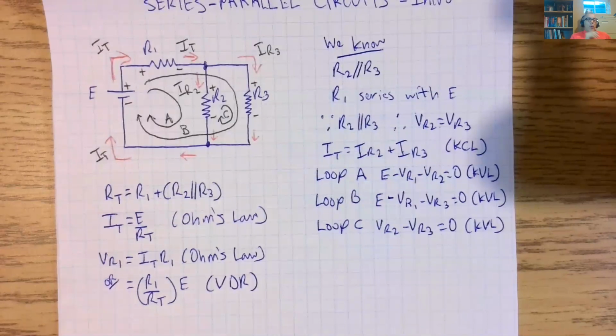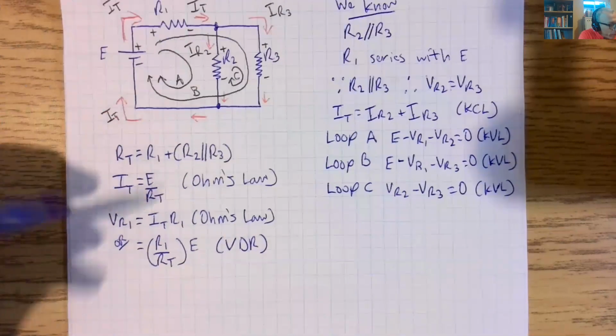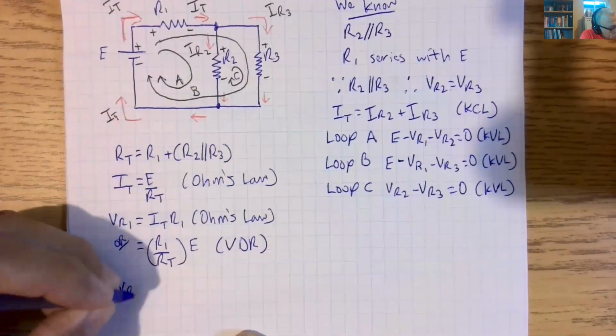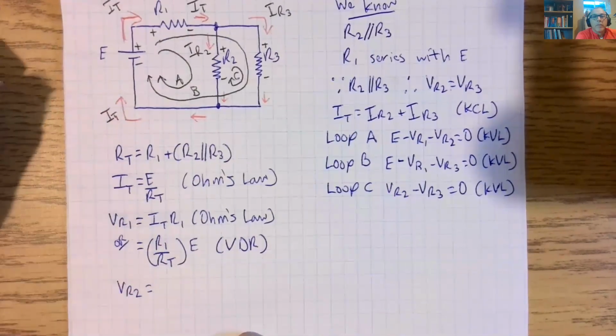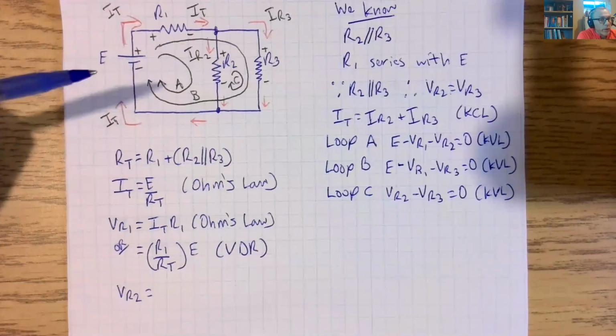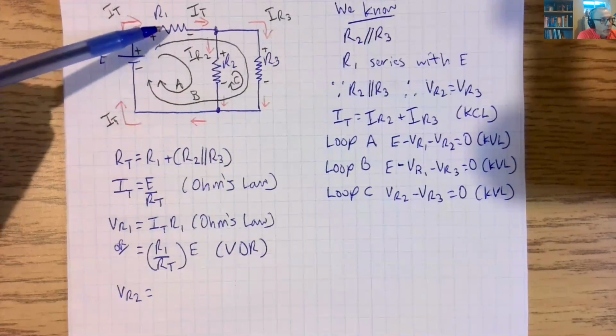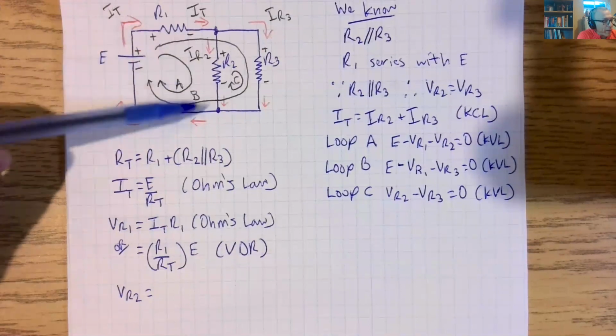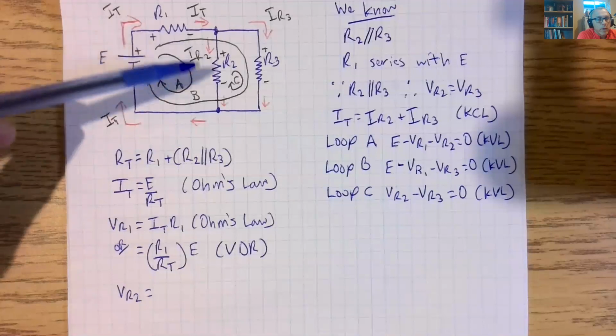So we know VR1, okay? How can we figure out VR2? Well, we know E, and we know VR1, and we know this makes a loop, okay?